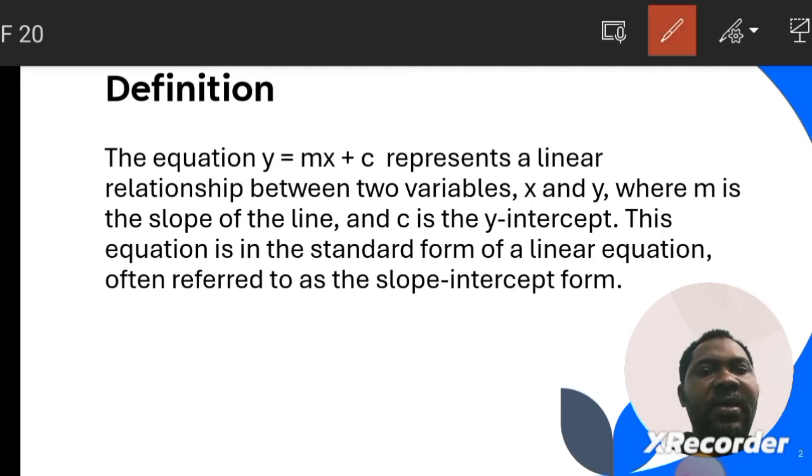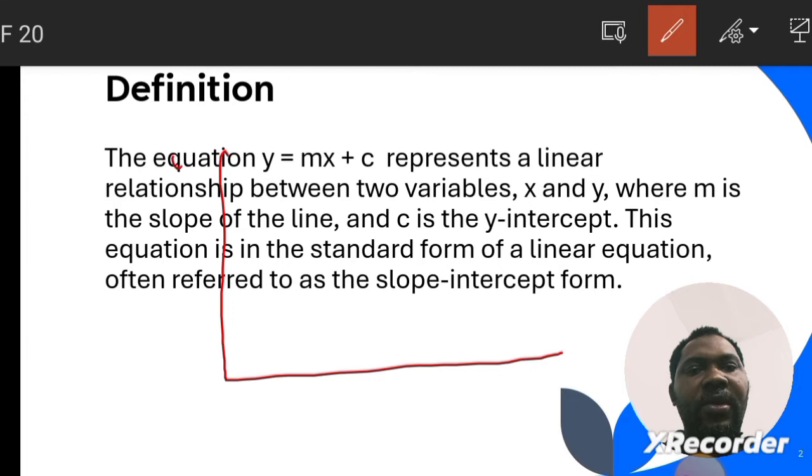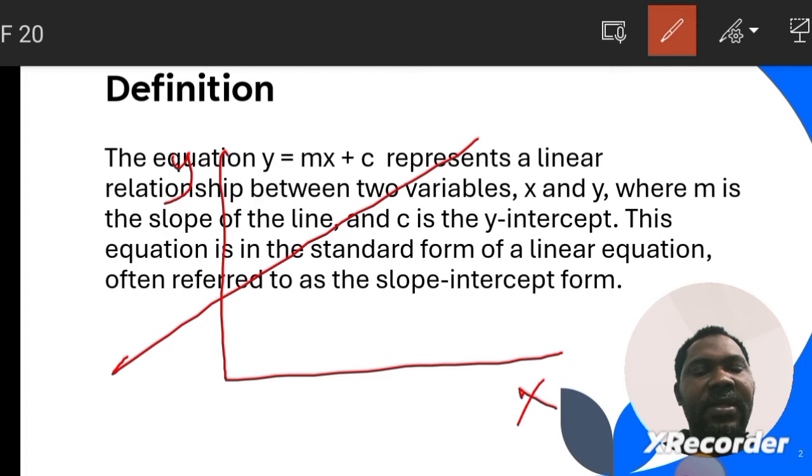Let's say we have a graph this way. We plot a graph of y against x, so y and x are the variables. For a straight line graph, we are going to have something like this. The straight line graph has a slope, which we'll call m, and also has an intercept.